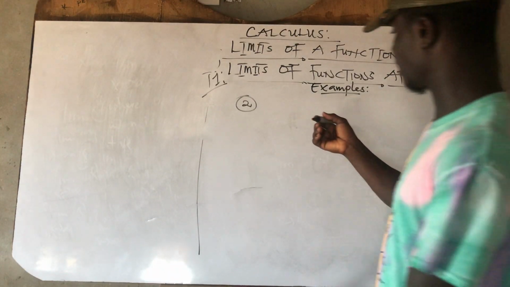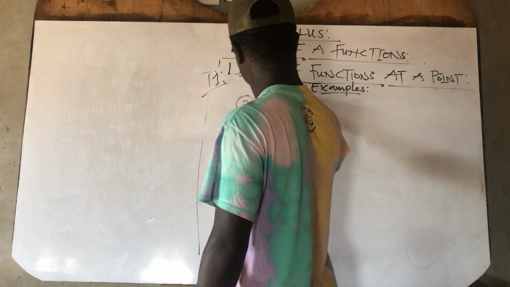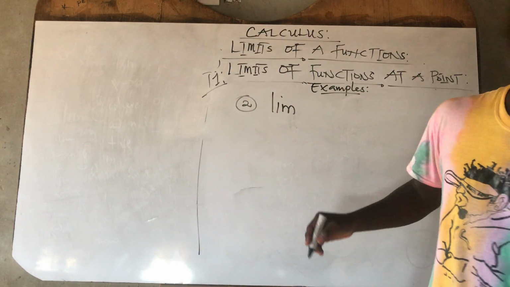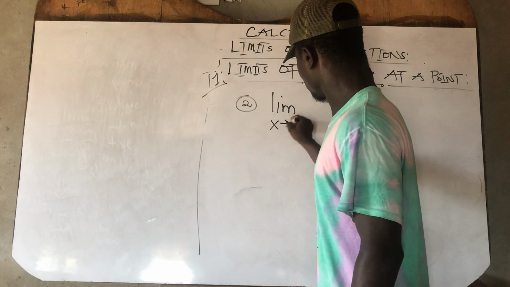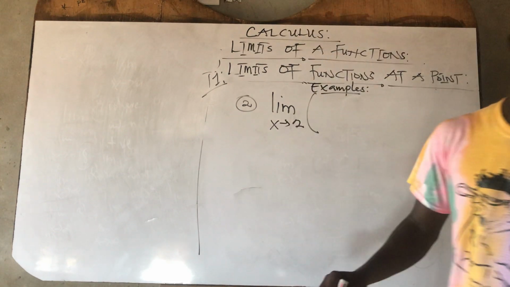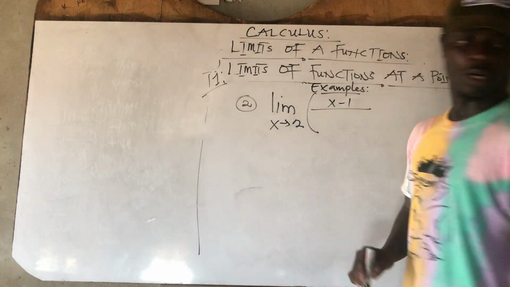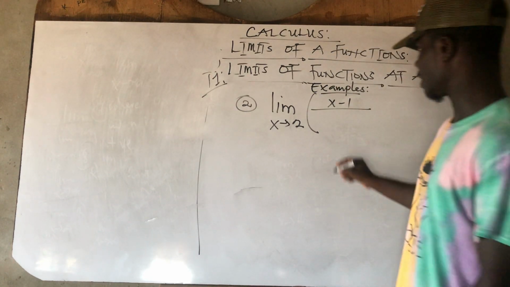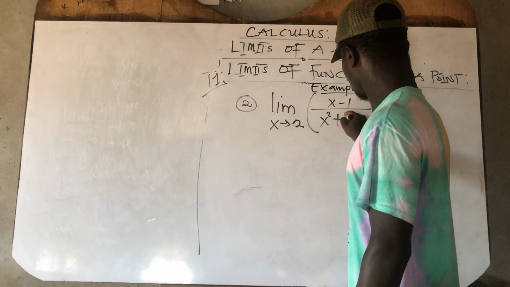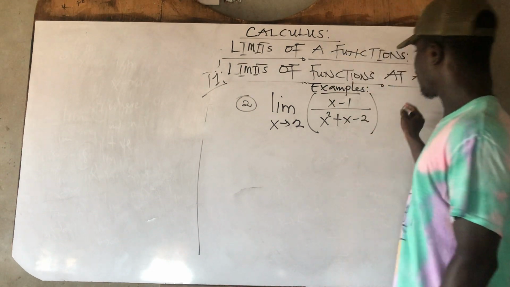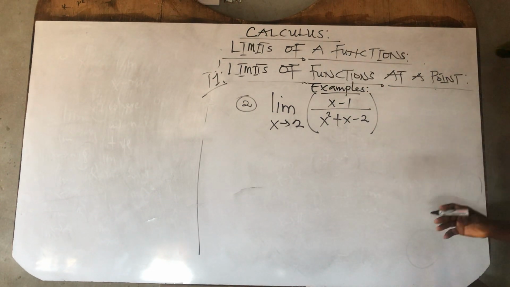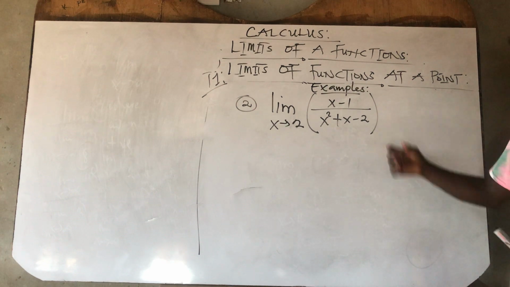Find the limit as x approaches 2 of x minus 1 all over x squared plus x minus 2, if it exists. If this function exists, you should find it.